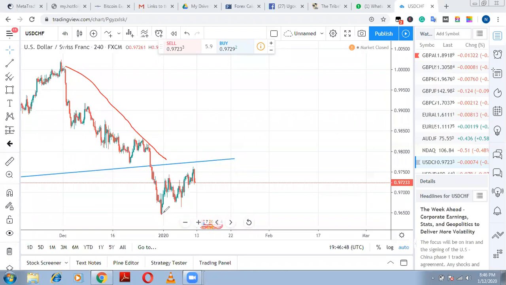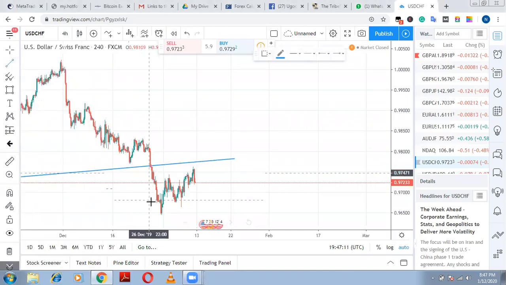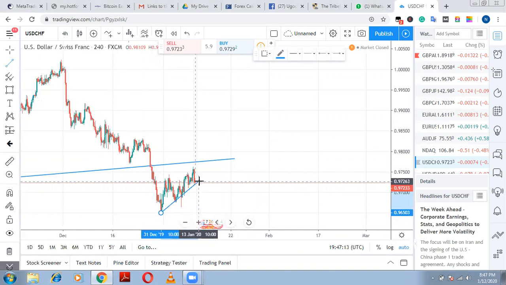The market is forming a bearish flag pattern. I'm expecting something here, which I will wait for Monday, tomorrow, to play out. I'm expecting this particular bearish pattern to break.